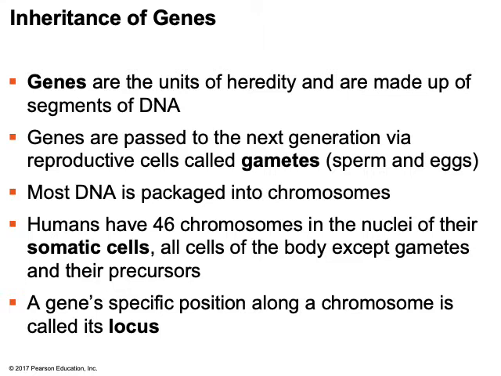Now, in humans, that DNA is packaged into chromosomes. We have 46 total chromosomes in what are called somatic cells, but in testes and ovaries, we're going to make sperm and egg with 23 chromosomes. Now, on those chromosomes, there are genes, and each gene's specific location is referred to as its locus.